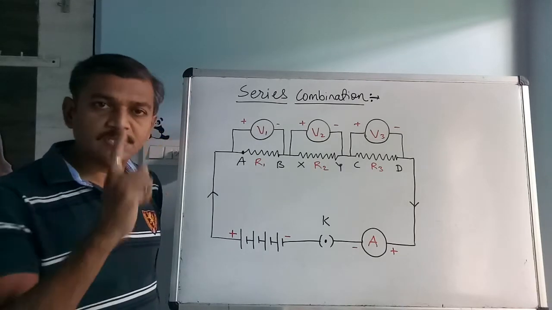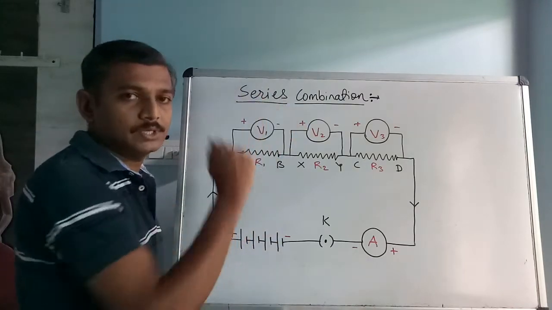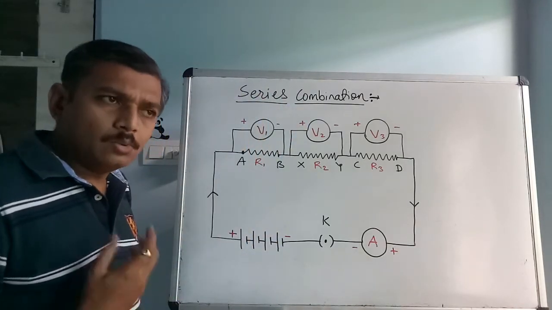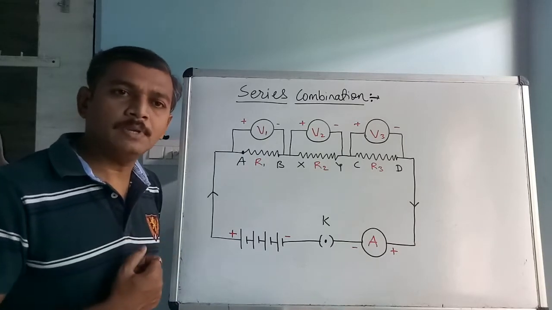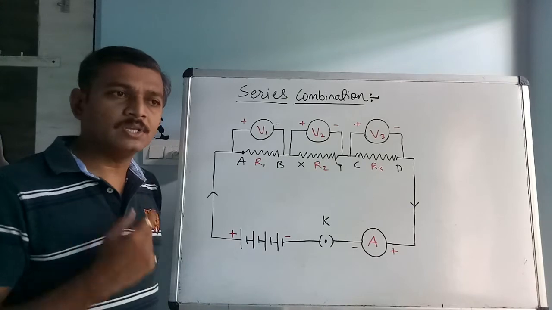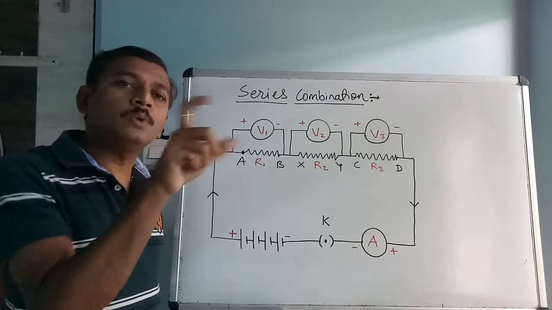The very first type we are talking about is series combination. Now how to understand series combination? Series combination is a combination in which resistances are connected end to end.